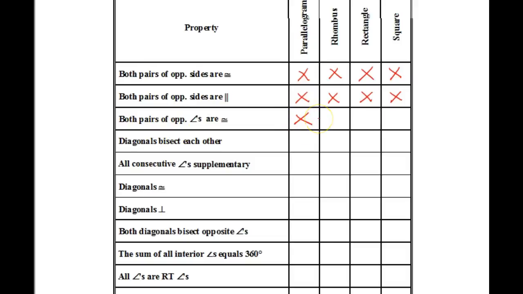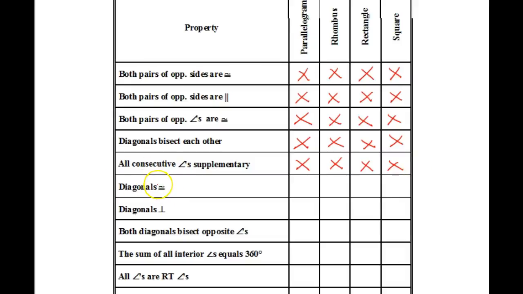That's a parallelogram rule, so it's all of them. Is it true that the diagonals bisect each other in a parallelogram? Yes, so that's all of them. Are all consecutive angles supplementary, the ones that are next to each other? Well, if it's true for a parallelogram, it's true for all of them.